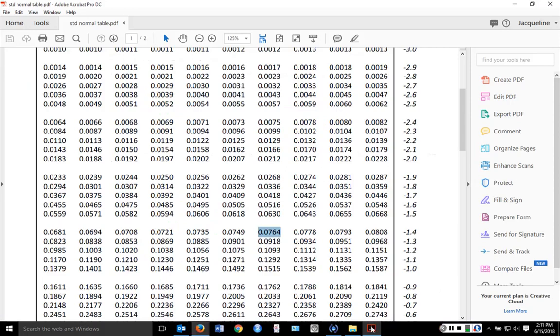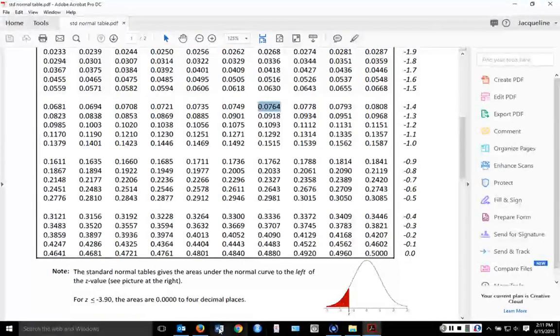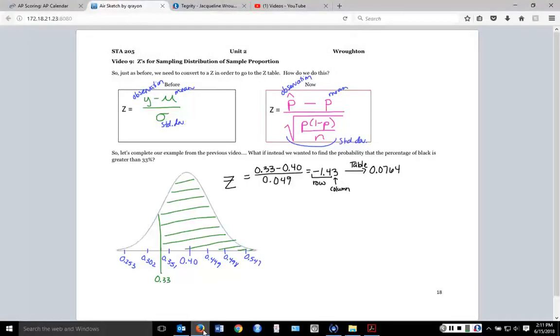But again, remember that table is shaded to the left. So what that would mean on my picture is this 0.0764 is this piece. It's what's to the left of that number. That's not what I want, but it can help me find the right number. So if this is about 7.64%, this is the rest of it.